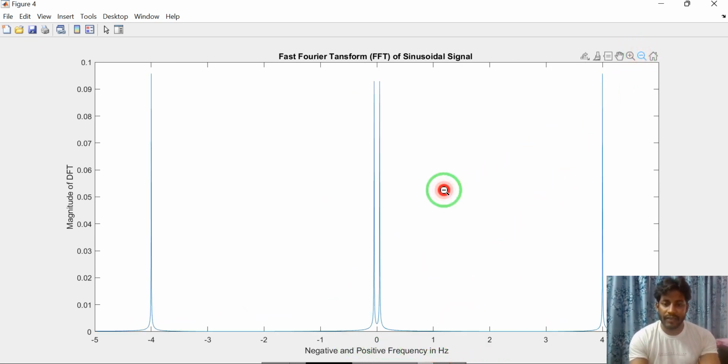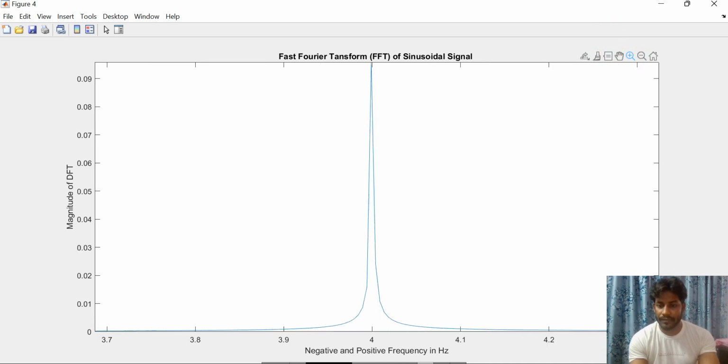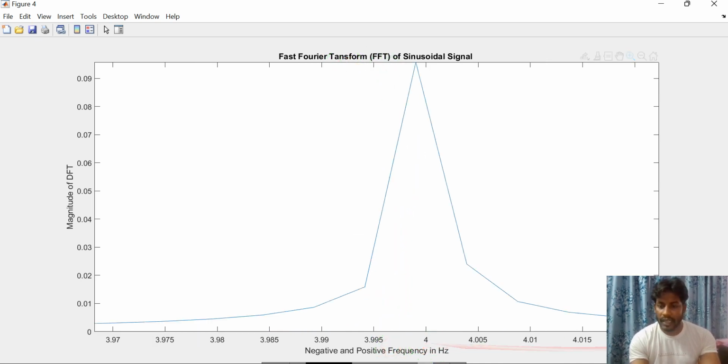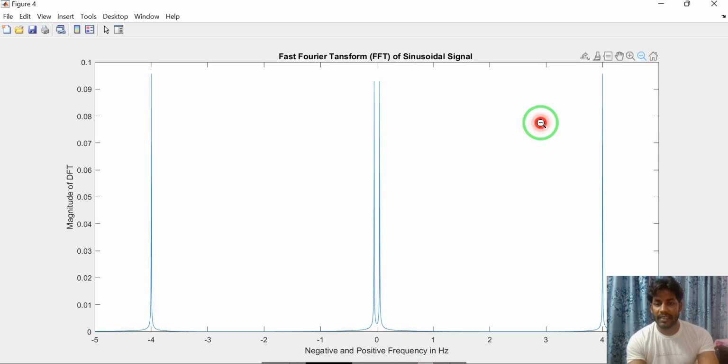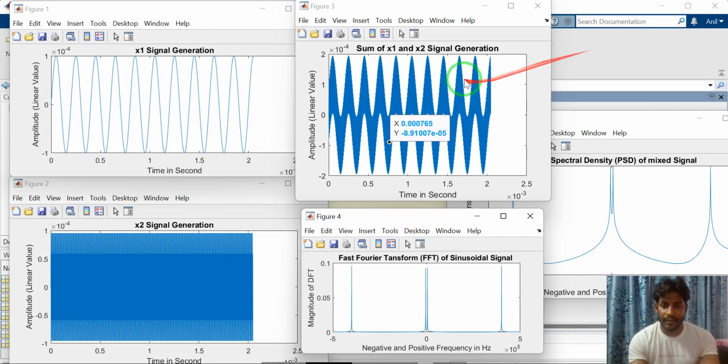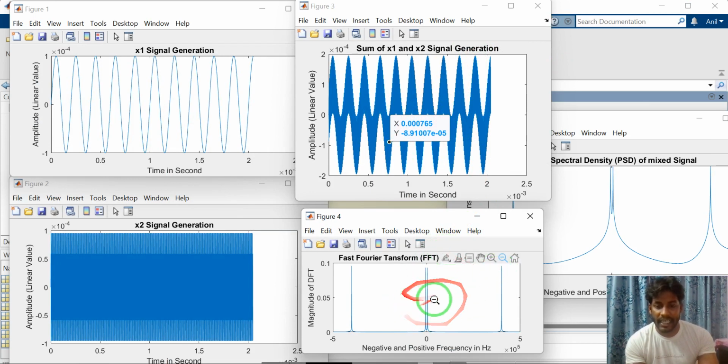Okay, so one frequency is 5 kilohertz and another frequency is, just zoom it to see, 400 kilohertz. Okay, this one 4 and 10 to the power 5, it means 400 kilohertz. So I have plotted this mixed signal in frequency domain, and we can clearly see what are all the frequencies in the mixed signal.